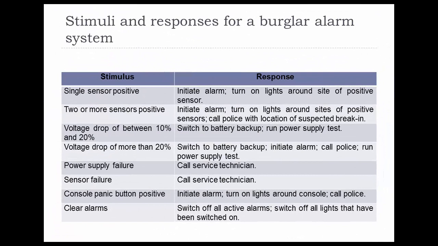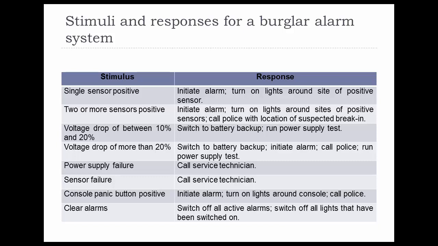Stimuli and responses for a burglar alarm system are shown in the table below. If a single sensor is positive, initiate an alarm and turn on lights around the side of the positive sensor. If two or more sensors are positive, initiate an alarm and turn on lights around the side of the positive sensors, and also call the police with the location of the suspected break-in.